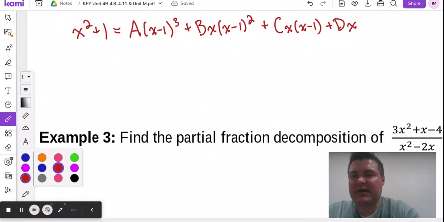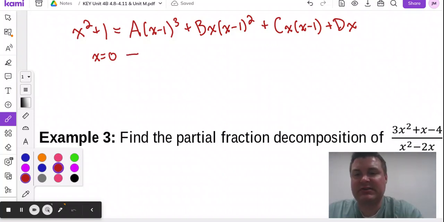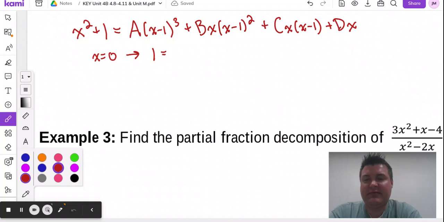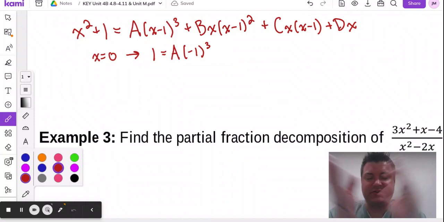So I'm going to first pick x equals 0 because if I plug in a 0, the b, c, and d terms are going to go away. On the left-hand side, I'm going to get 0 squared plus 1, which is just 1. And that's going to equal, for the a term, a times negative 1 cubed, and the b, c, and d terms turn into 0.